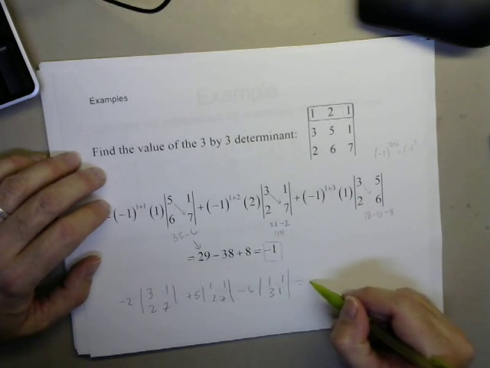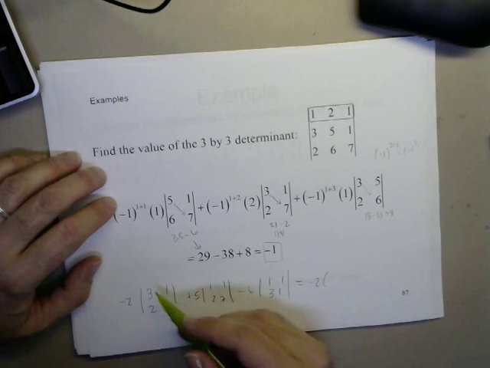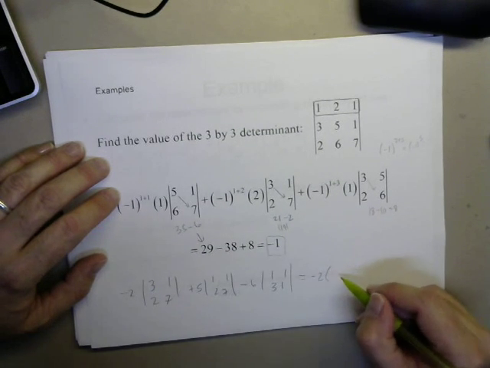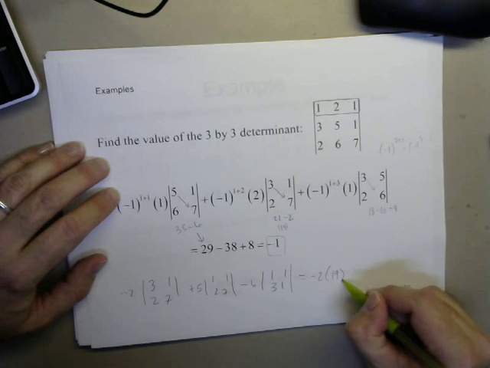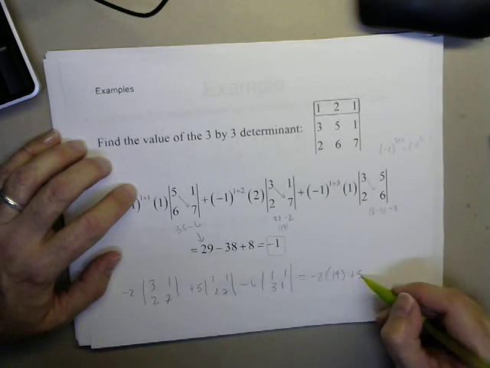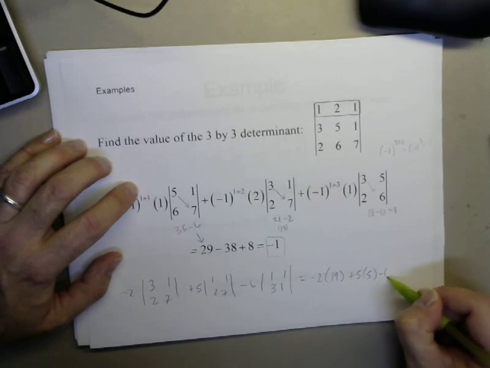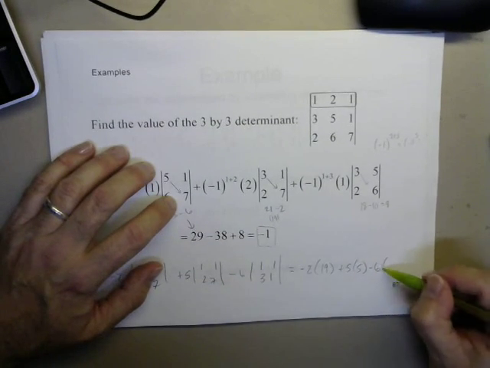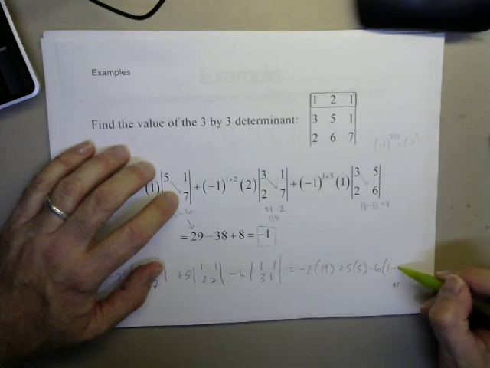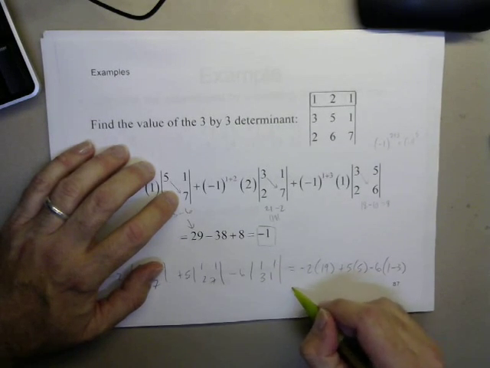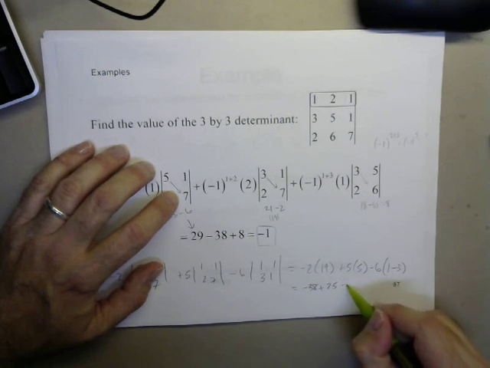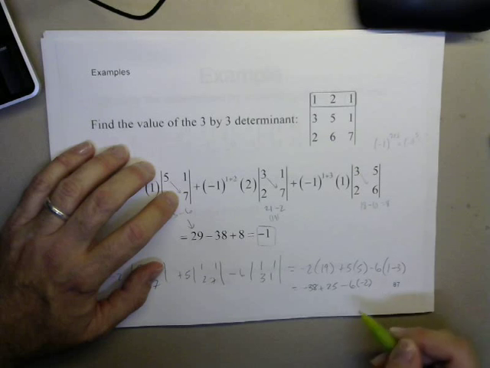So in this case, I'll get -2. If I multiply this out, I'll get 21 minus 2, so I'll get 19 for that. And then I'll get plus 5. I'll get 7 minus 2, which is 5. And then here I'll get -6. And I'll get 1 times 1 minus 3, which will be 1 minus 3. So I'll get -38 plus 25 minus 6 times -2.